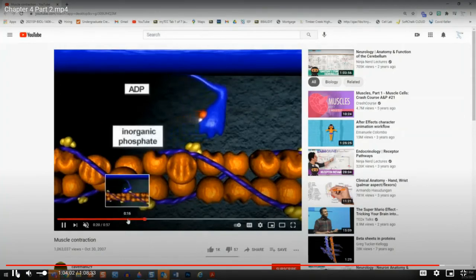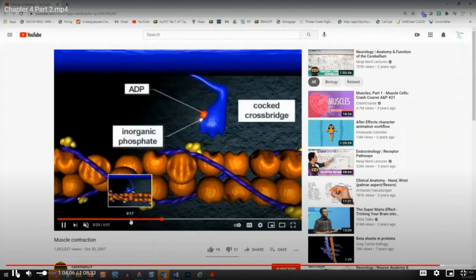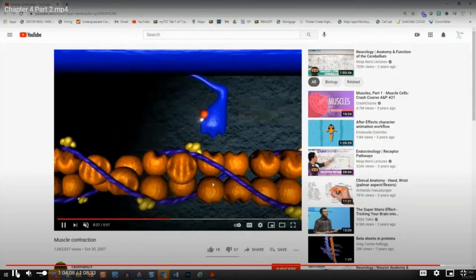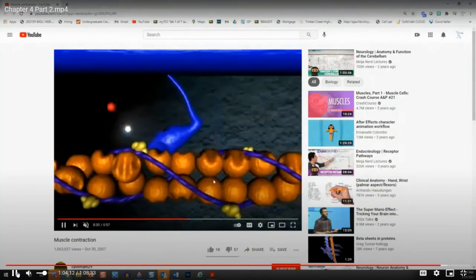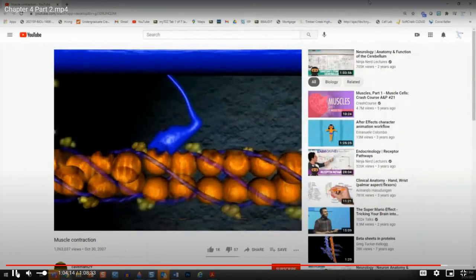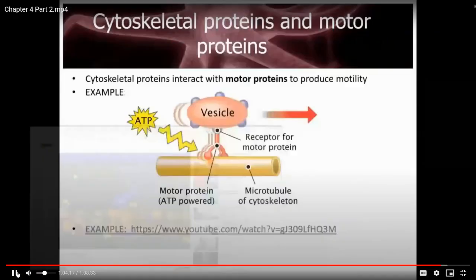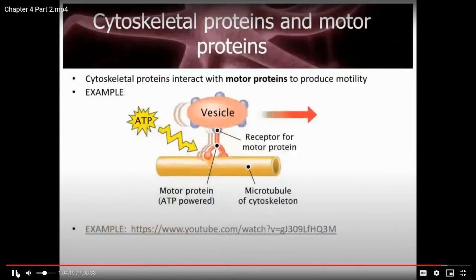So it changes shape, and when it changes shape, it then can bind to a different place on the filament. So it's going to bind here, and when it binds there, it changes shape again and it pushes it. So that's the whole idea behind contraction. Okay? All right. So the cytoskeletal proteins often associate with motor proteins to move things.